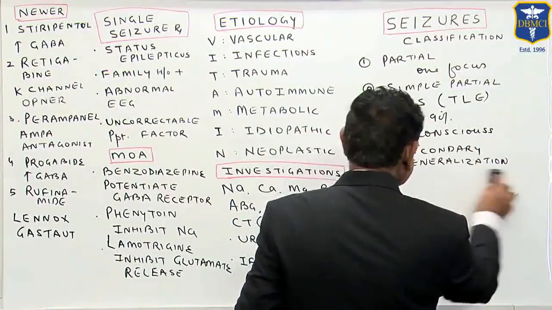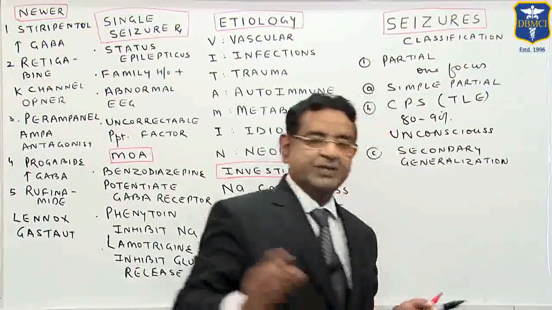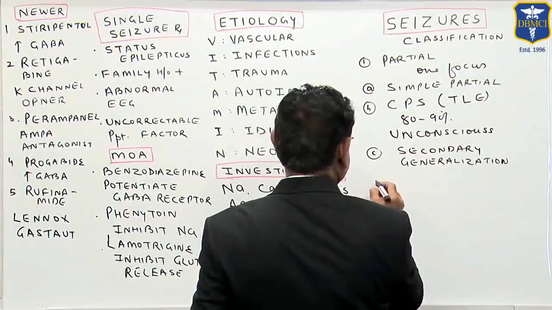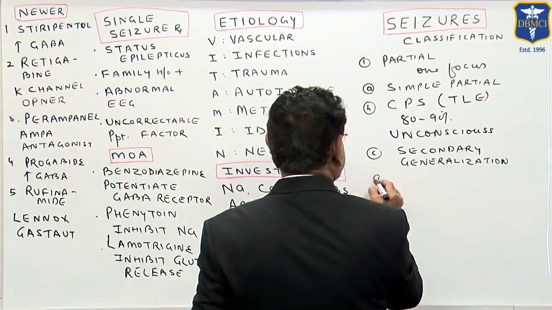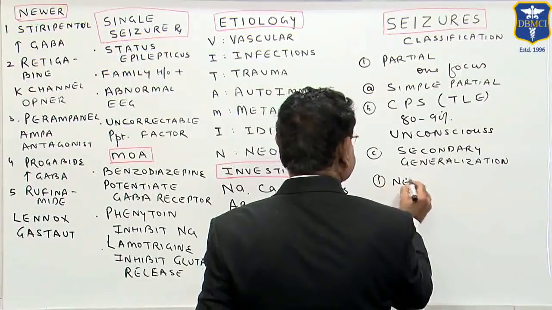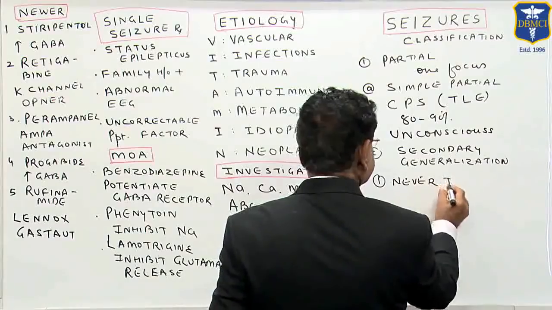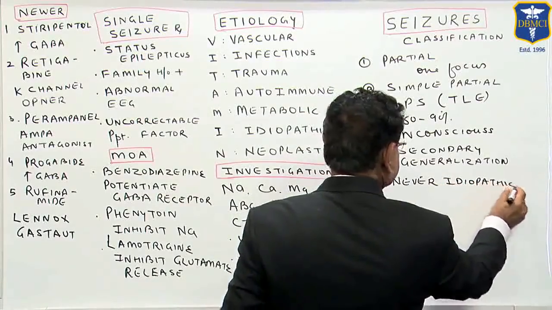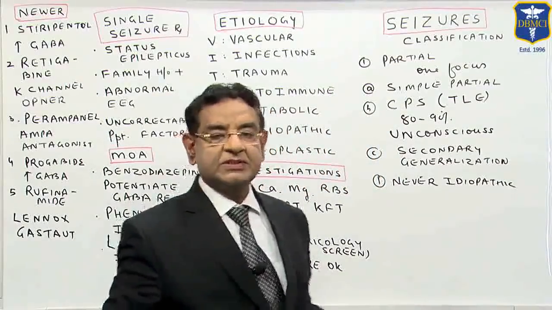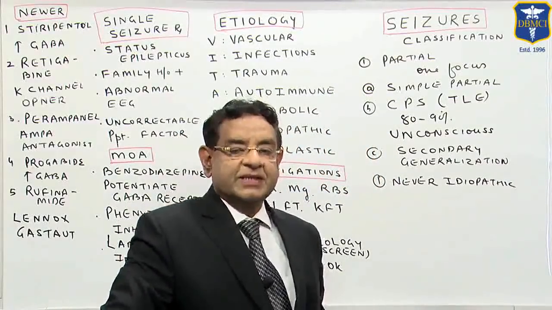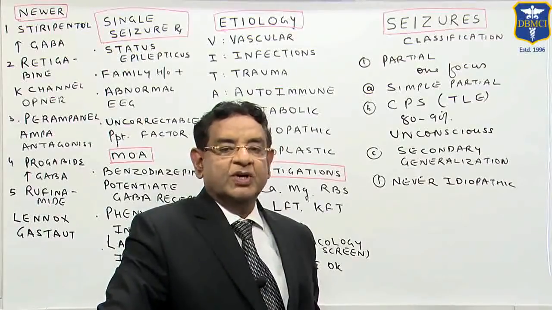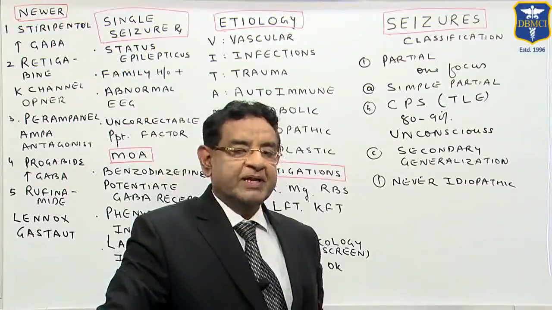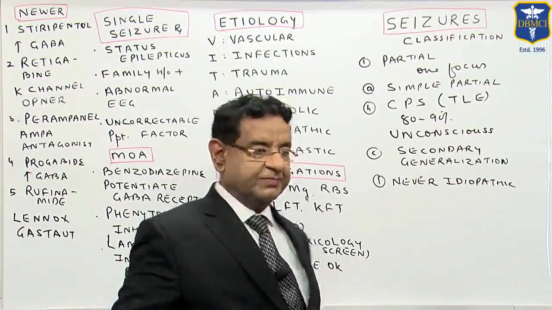Now let us see what the important features of focal seizure are. They are never idiopathic. They always have some structural abnormality. That's why when a patient with focal seizure comes to us, CT or MRI or brain imaging is mandatory.